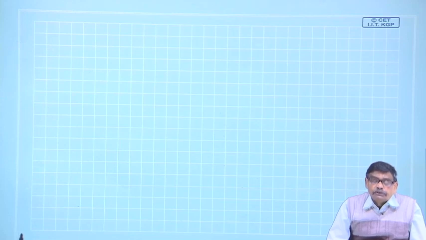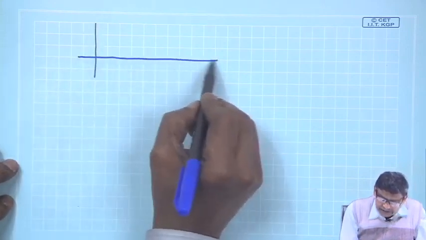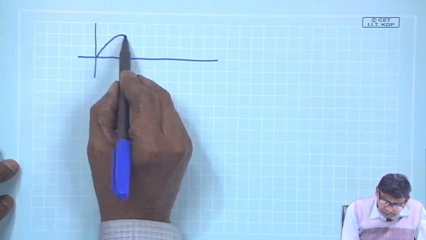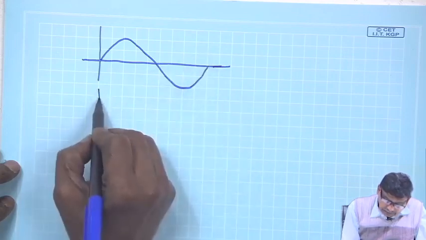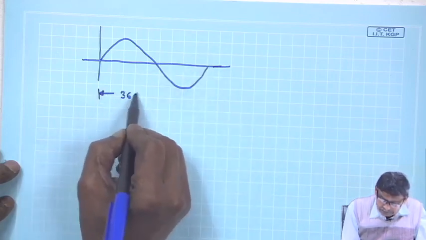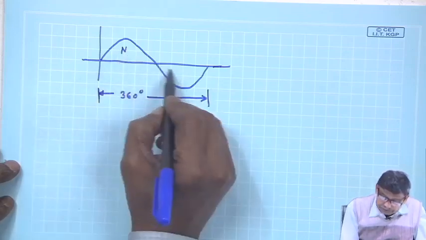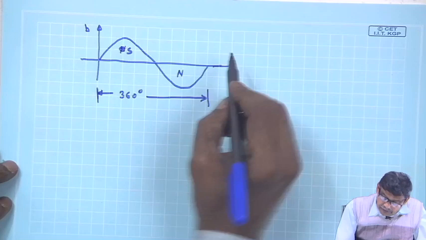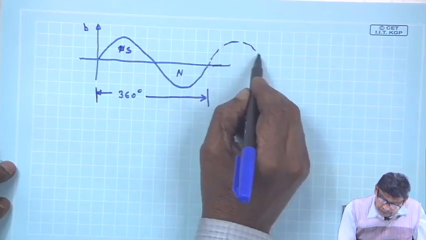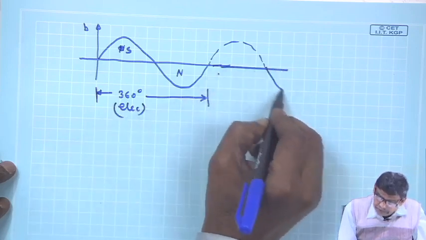The point worth noting is this, that after you are expressing everything in electrical degrees, this is 180 degree electrical, 360 degree electrical. After you examine north-south or south-north, say, this is the B distribution, and once again this repeats at 360 degree electrical, and this thing is repeating.